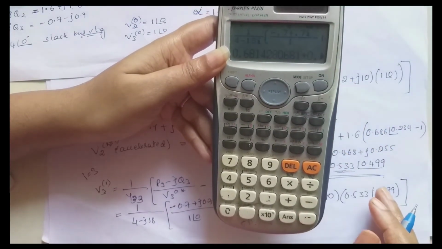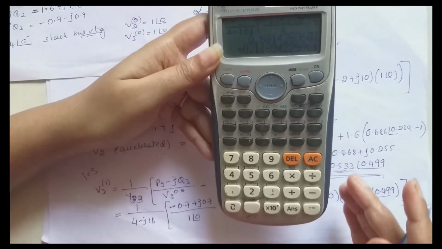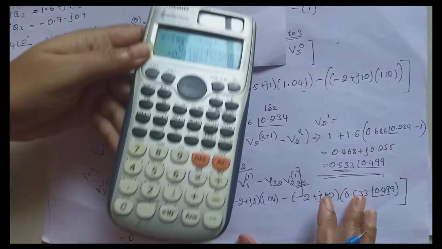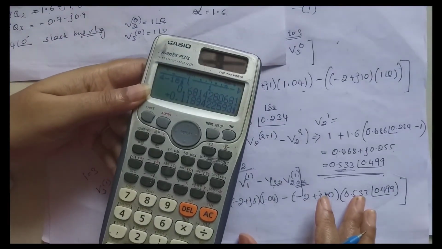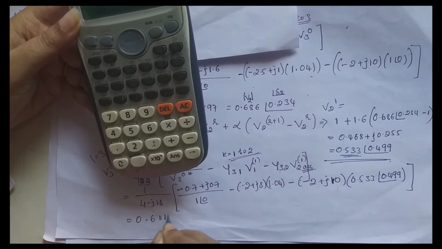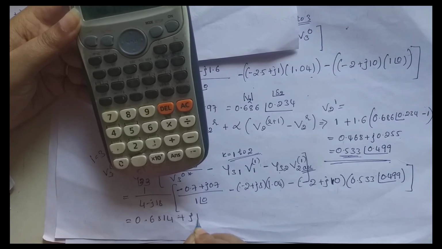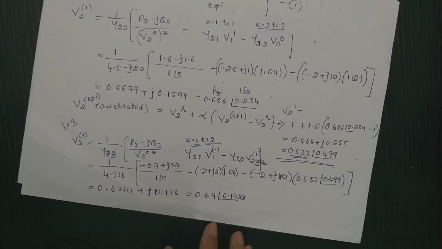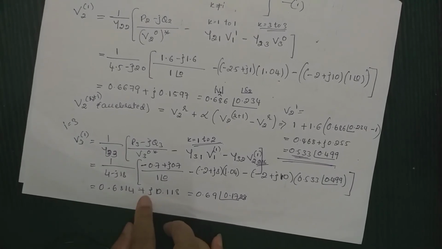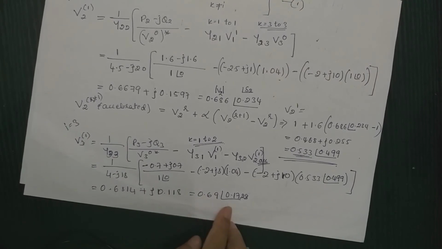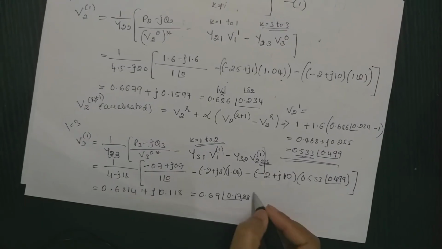We get the answer 0.6814 plus j0.118. Converting it into polar form, we get 0.69 at an angle 0.1728. This is the V3 1.